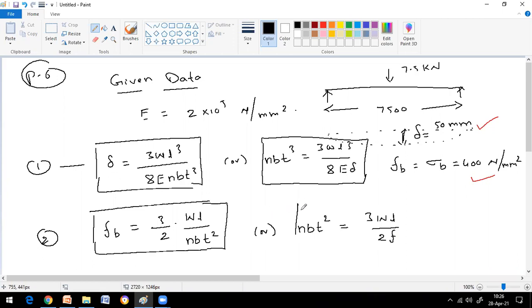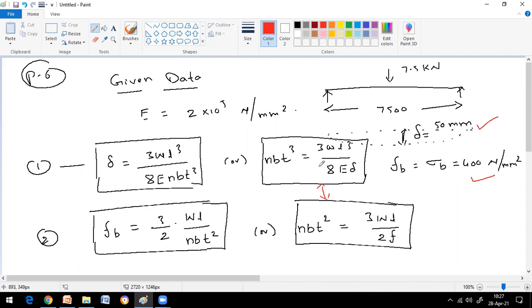We can write the bending stress equation also in this form. Why am I writing the bending stress formula in this form? Because if you observe these two formulas, the deflection formula and the bending stress formula, this is NBT cube and this is NBT square.